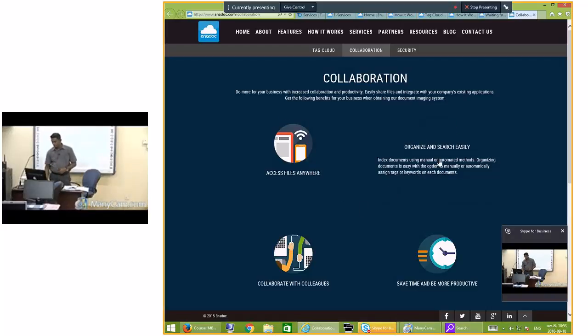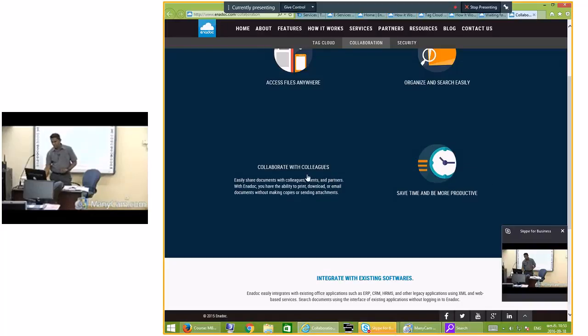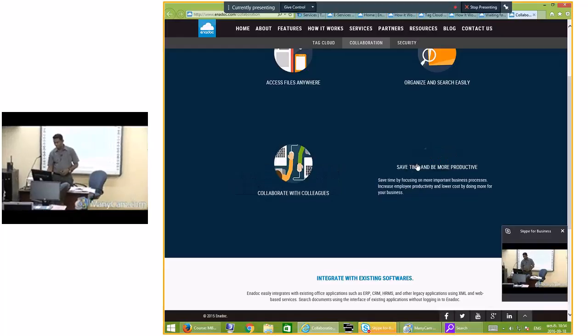Organize and search easily. That is, you can search with your keywords and tags easily, and you can collaborate with colleagues. So you can share it with your colleagues and sometimes with other departments, right? And it's time saving and more productive.